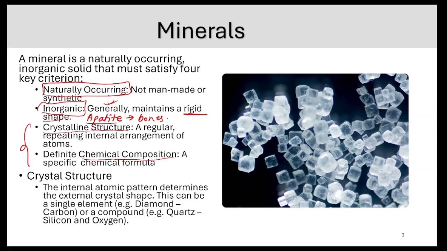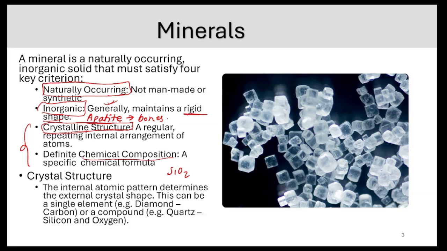For example, if we are talking about salt, it is always sodium chloride. If we are talking about quartz, it's silicon oxide, SiO2, and so on. More than that, the atoms must be arranged in a highly ordered way, forming a crystalline structure.